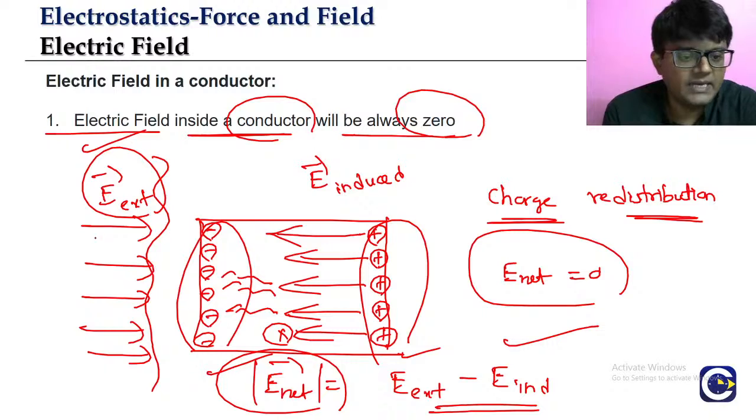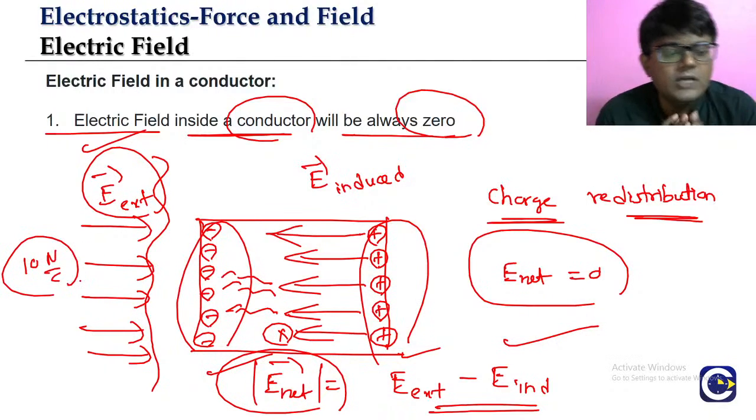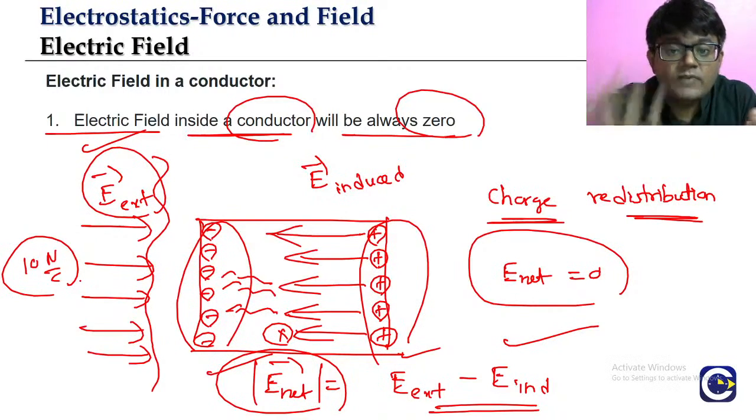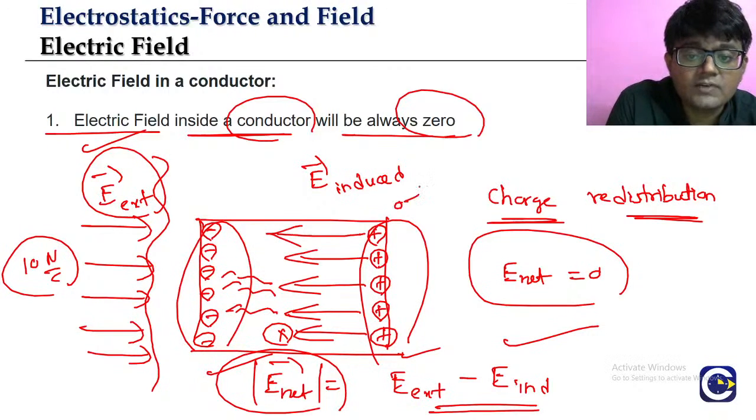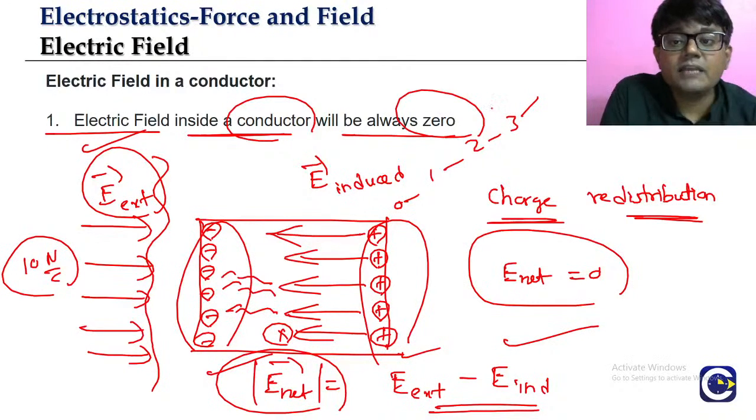Say for example, the external electric field initially is 10 newton per coulomb. Initially the induced field is not there, because it is a fresh conductor, right? Induced will be zero. And as the charge redistributes, the induced value will keep increasing. How? It will go from 0 to 1, then 1 to 2, 2 to 3, and keep increasing. It will increase till it becomes 10.